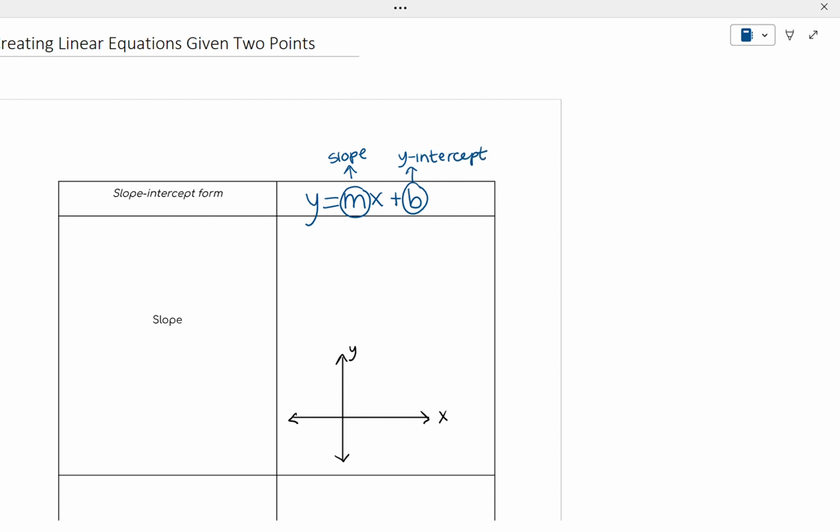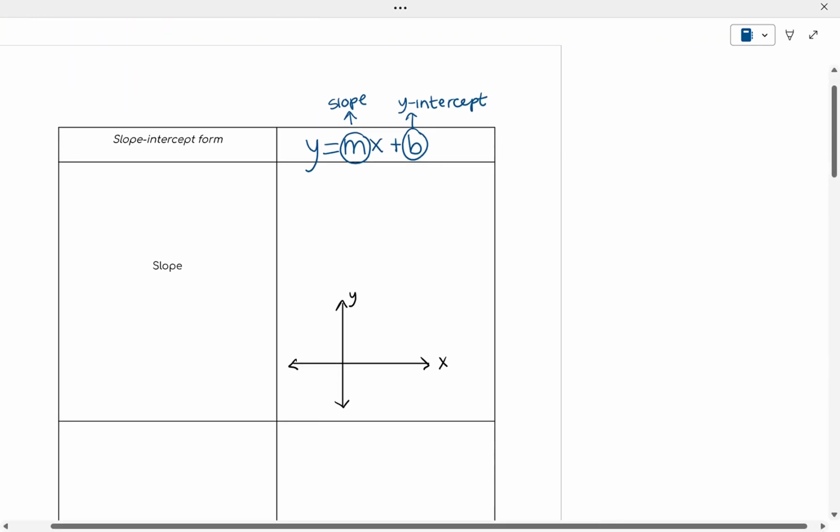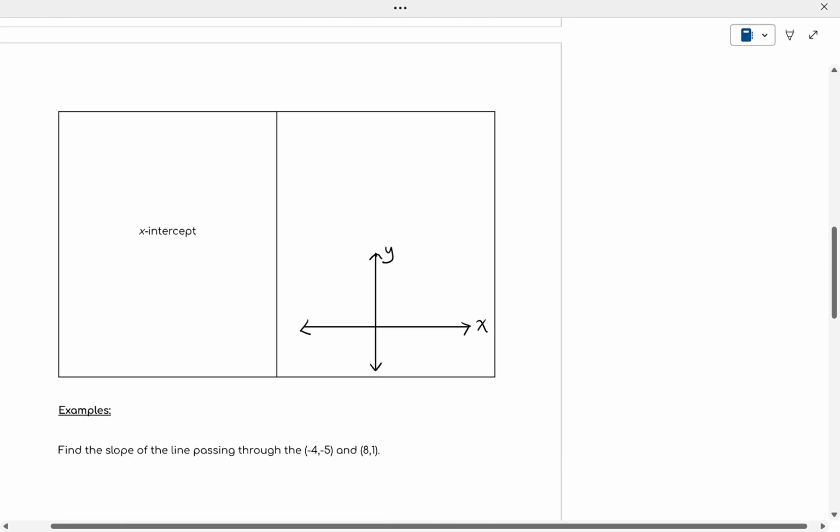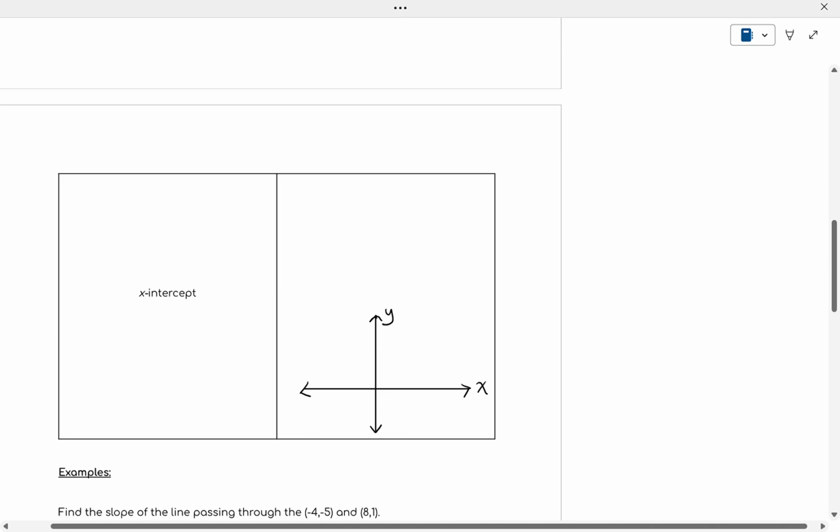In this video, we're going to break down these terms a little bit further and also introduce the x-intercept of a line as well.